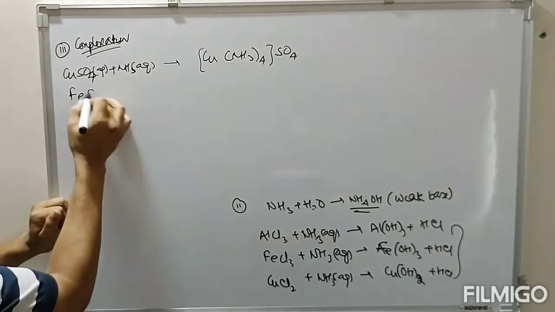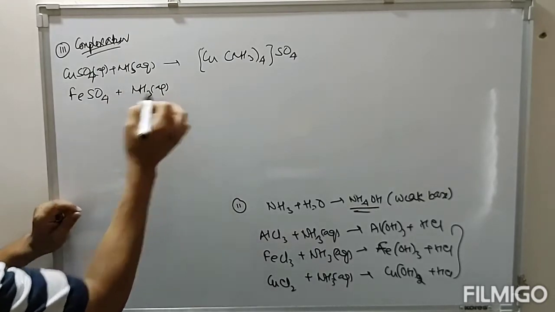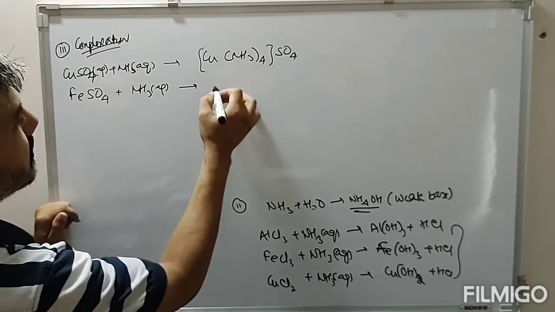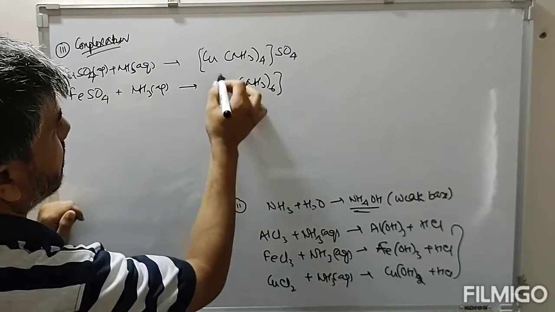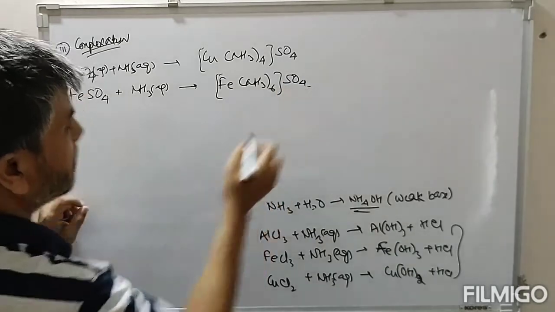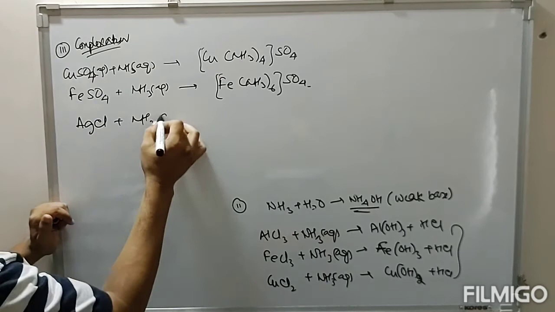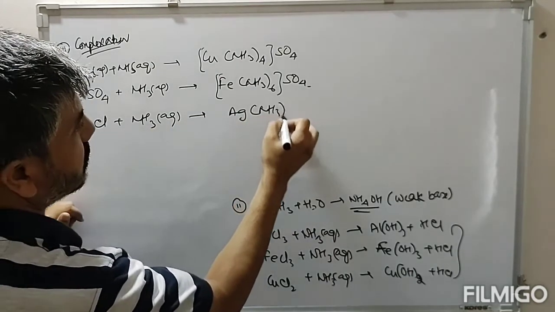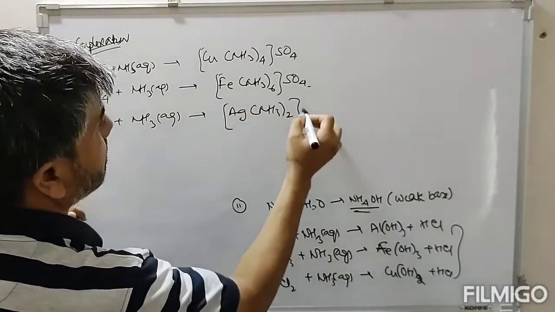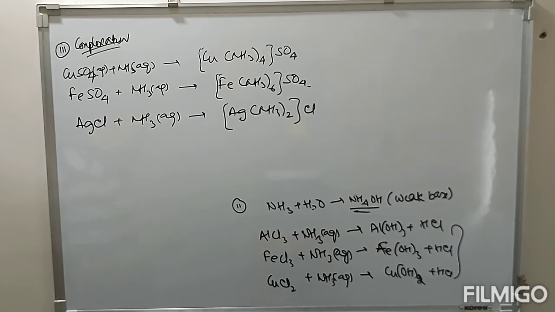Similarly, FeSO4 plus ammonia taken in excess quantity, and AgCl plus aqueous ammonia gives [Ag(NH3)2]Cl. This is how the complexation reaction takes place.